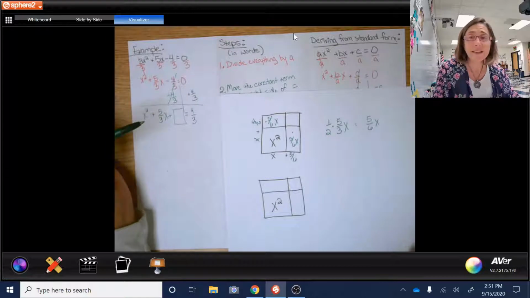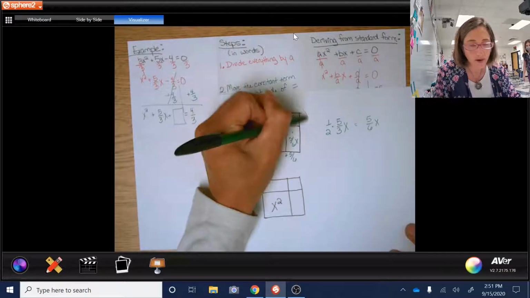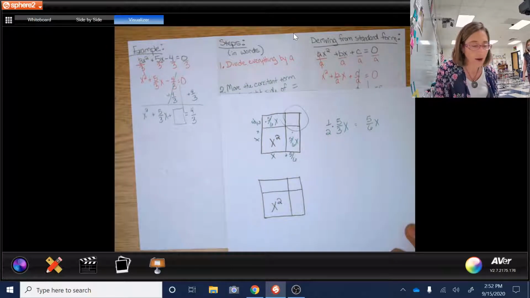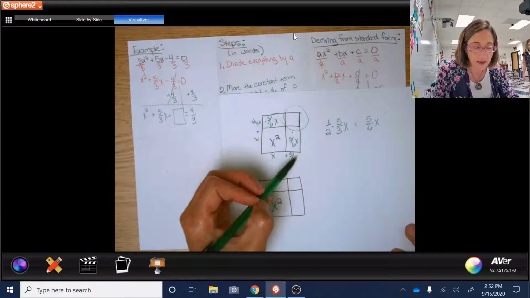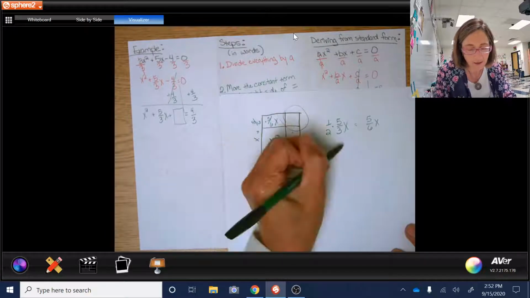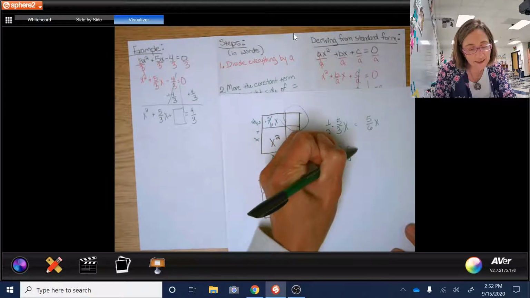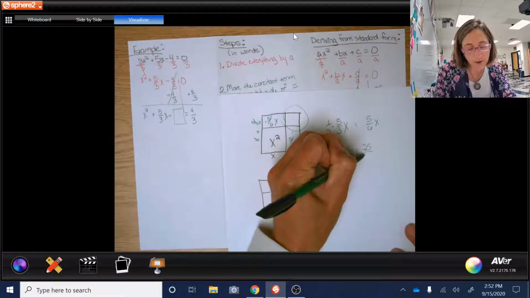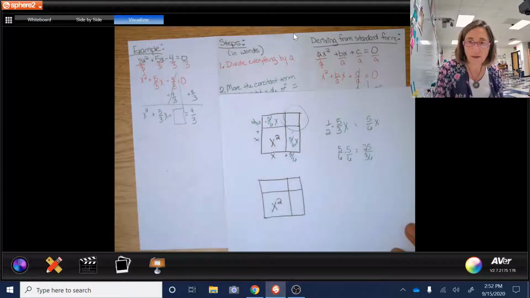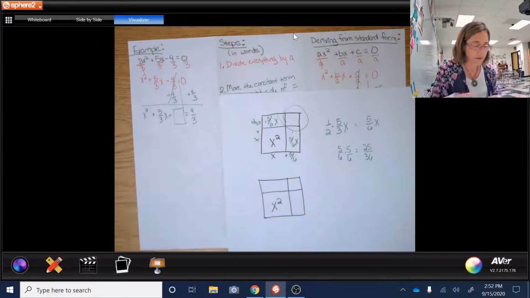So now is the step in which we get the name. So we need to complete the square. We need to finish out that square there. So think about length times width. So 5/6 times 5/6. So let me do this off to the side here. 5/6 times 5/6 would be 25/36. Okay, so that's what will complete the square.